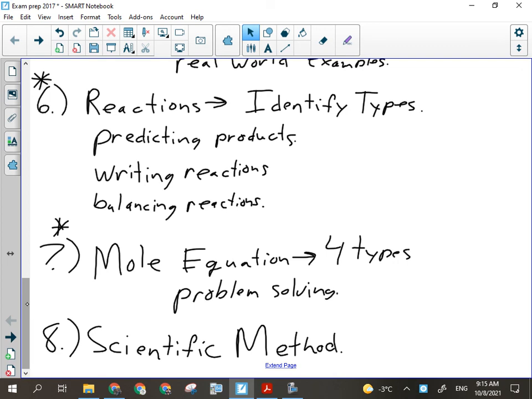Identifying reaction types. That's it. That's what's in there. There's 33 questions. There's quite a few on naming, quite a few on solubility.